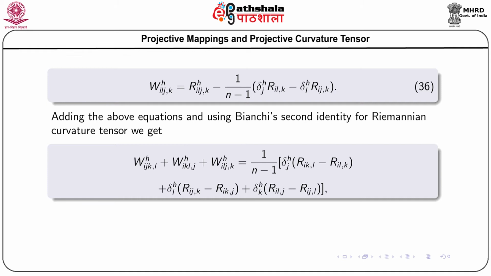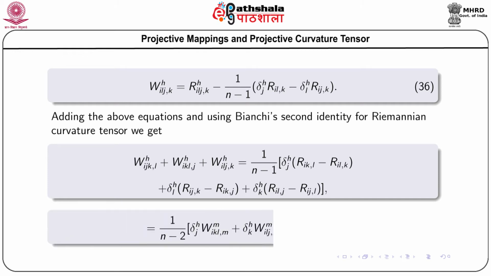W^h_ijk,l plus W^h_ikl,j plus W^h_ilj,k equals this expression. So, the above expression becomes 1 by n minus 2 [δ^h_j W^m_ikl,m plus δ^h_k W^m_ilj,m plus δ^h_l W^m_ijk,m].